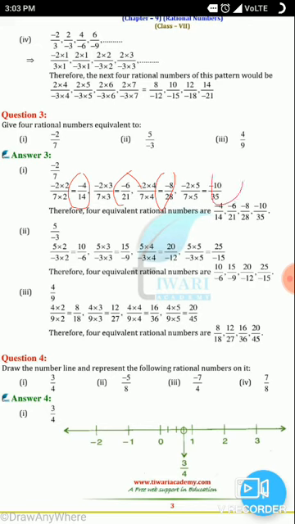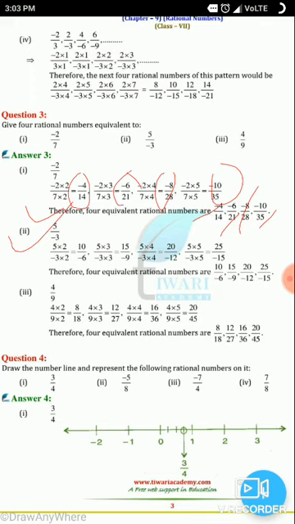So we write here its statement. Therefore, 4 equivalent rational numbers are minus 4 upon 14, minus 6 upon 21, minus 8 upon 28, and minus 10 upon 35. Correct? See, question number 2 is what? 5 upon minus 3.